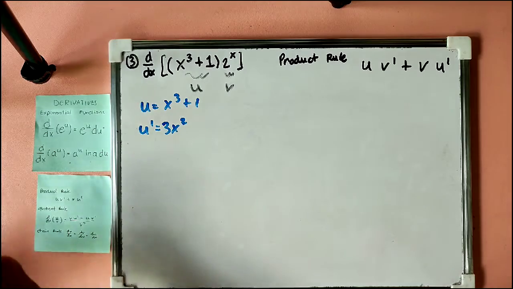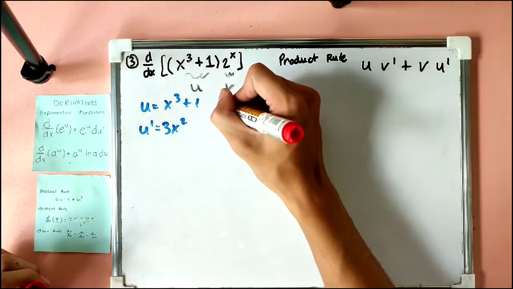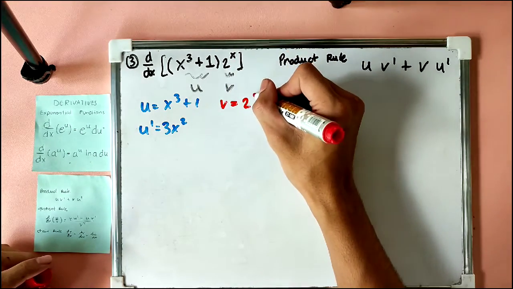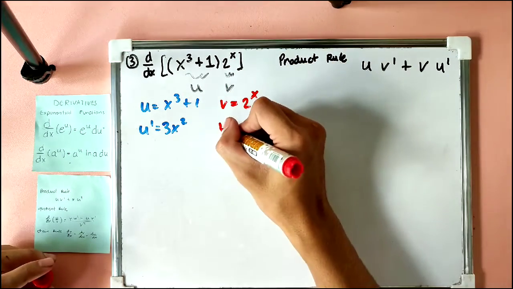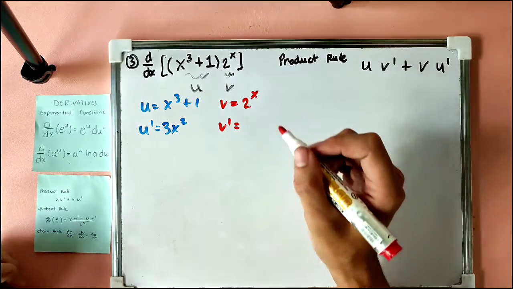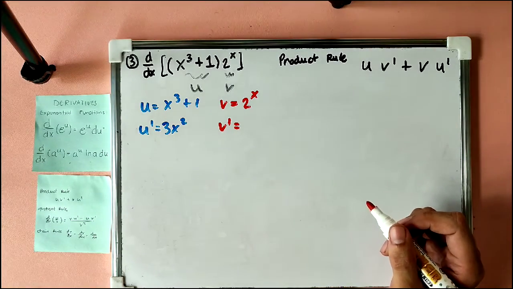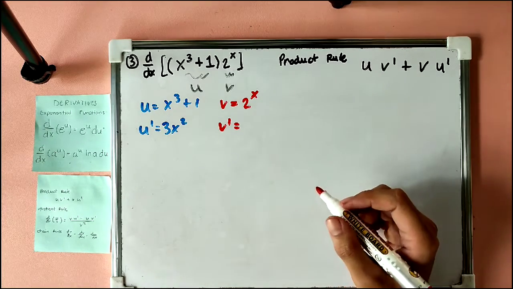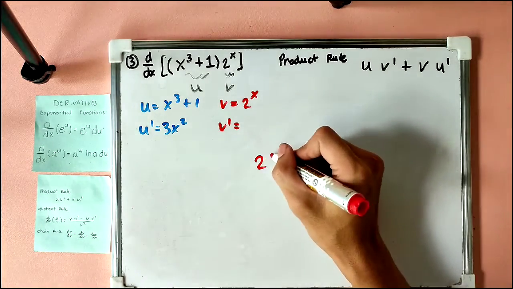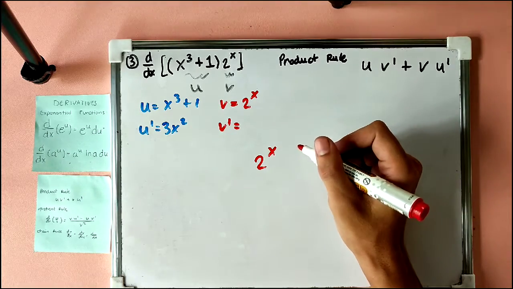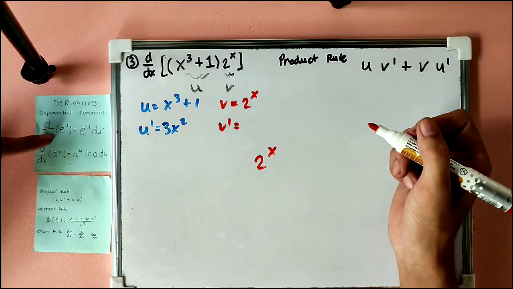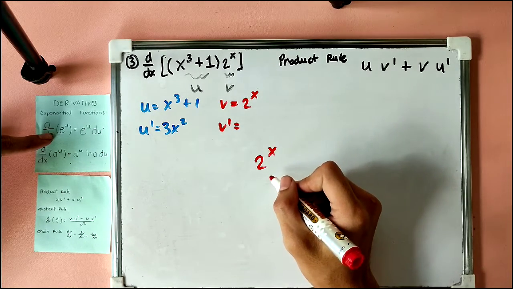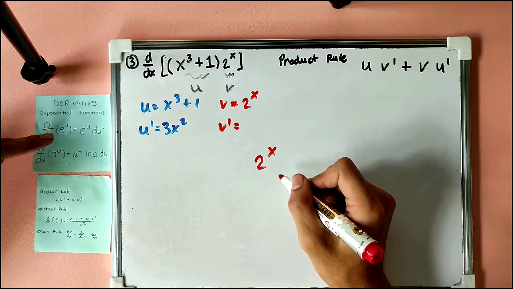Then for our v is equals to 2 raised to x, and yung v prime nya, so as we recall, the derivative of exponential functions, 2 raised to x, diba ito yung una nating formula, pag nakaano pa siya, 2 is not an e or is not an Euler's number.